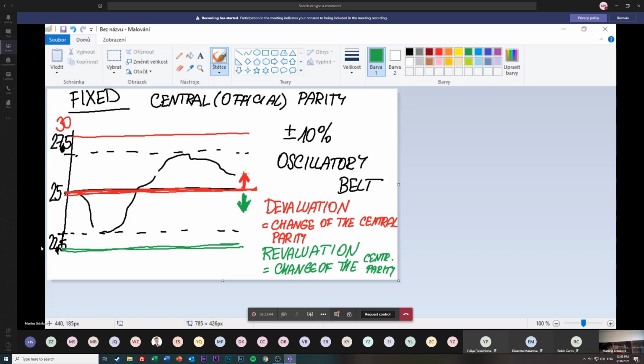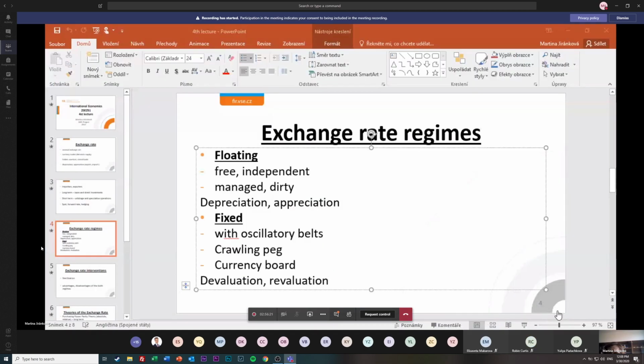And the last form of the fixed exchange rate I would like you to know is the currency board. Currency board is the exchange rate without oscillatory belt. So if I will say currency board, there will be €1 for 25 Czech crowns.